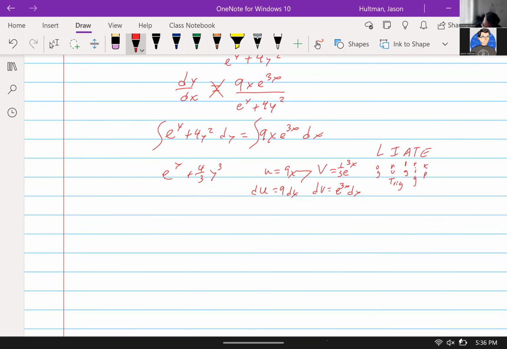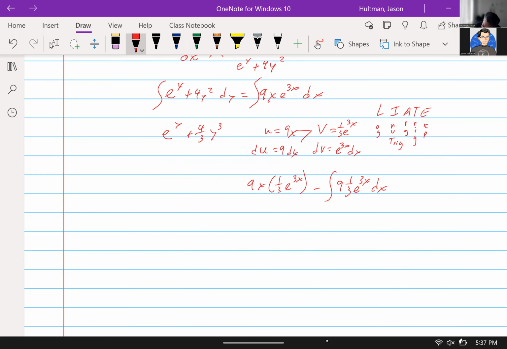Okay, so I say that uv is 9x times 1/3 e to the 3x minus the integral of 9 times 1/3 e to the 3x dx. Okay, so let's integrate that. There's y cubed, so we have our two sides.